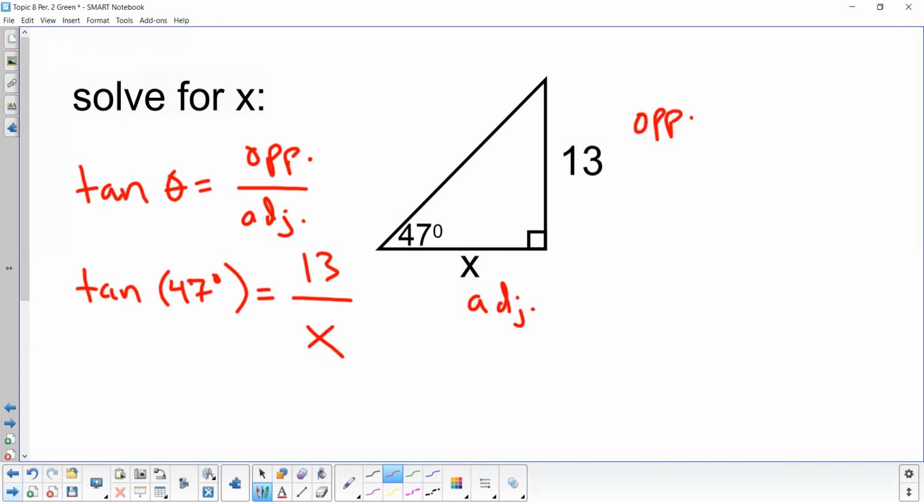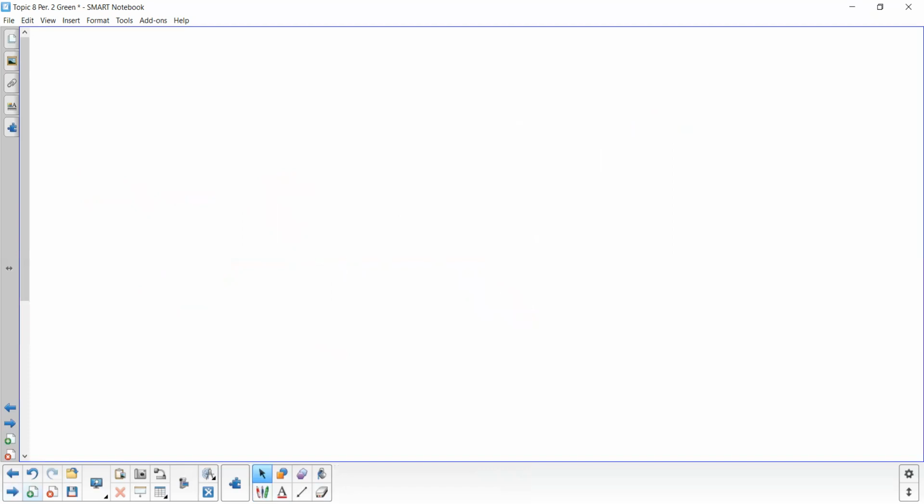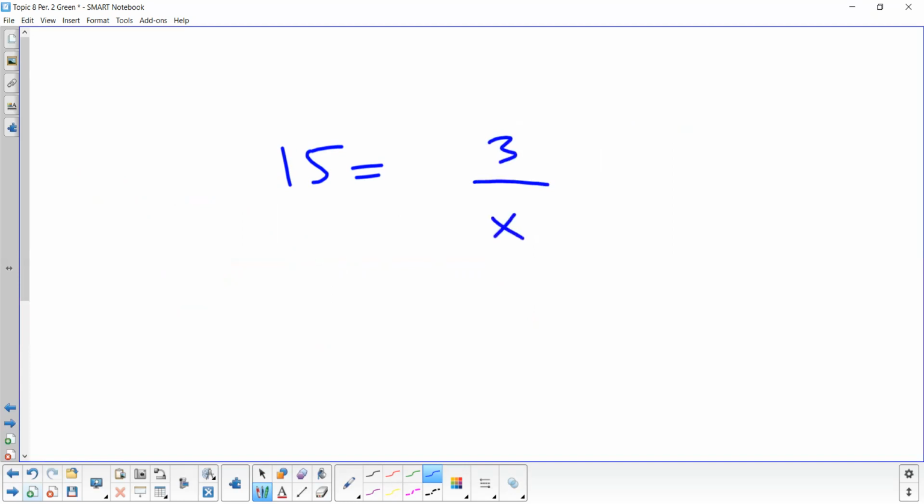Now, I'm going to show you something that will allow you to get x by itself in one step. I'll go back to that in a second here, but say I've got 15 equals 3 over x. How do we solve this for x?